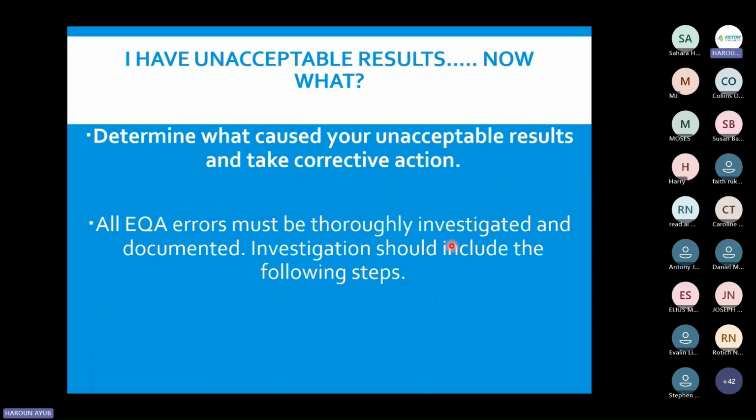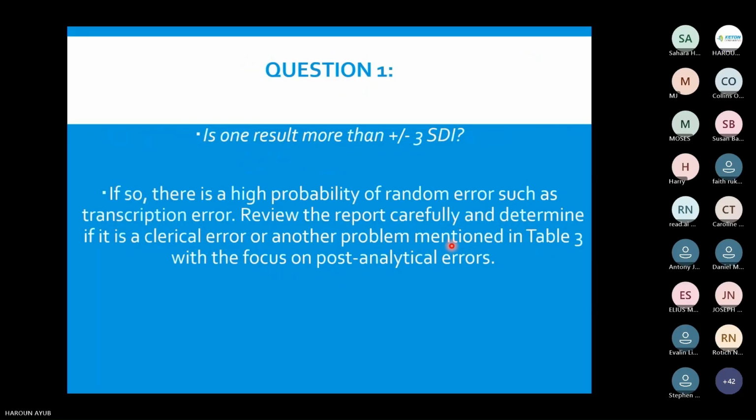I have unacceptable results. Now what? Determine what caused the unacceptable results and take corrective actions. All EQA errors must be thoroughly investigated and documented. Investigation should include the following steps. If you have a Z-score of plus or minus 3, there is a high probability that a random error might have occurred, or a transcription error.